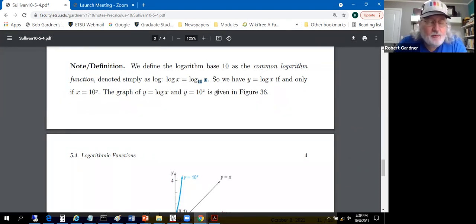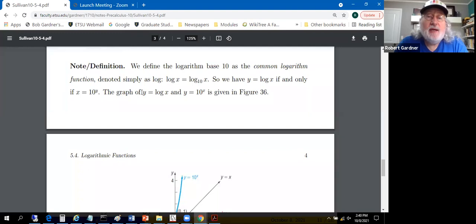But natural, that word is saved for base e log functions. So common logs, logs base 10, we will use very little. They'll only come up in passing. Certain scales are log base 10 scales. The Richter scale is a base 10 scale. Decibel scales for loudness of sounds are log base 10 scales. So these do arise out there.